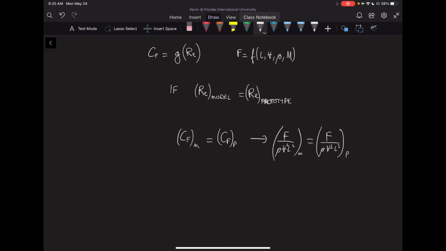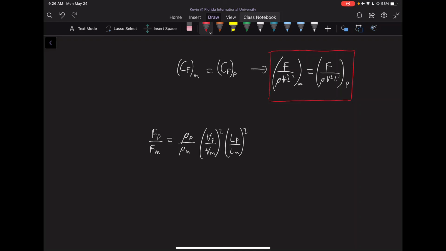So if we rearrange this equation and put the forces on one side, we would be left with the force of the prototype, so the actual force you feel on a real, for example, 747 wing, over the force of the model, which is now equal to the density of the prototype over the density of the model, multiplied by V of the prototype over V of the model squared, multiplied by the length of the prototype over the length of the model squared.